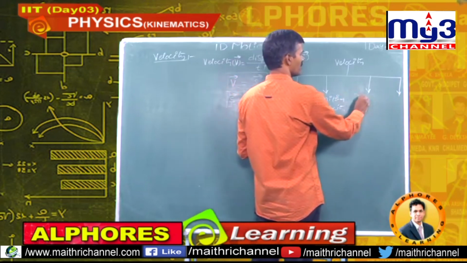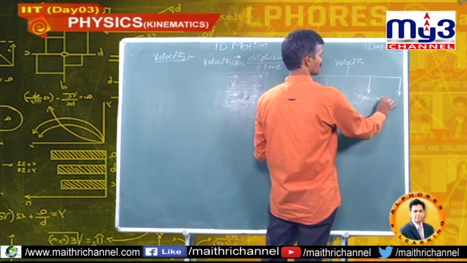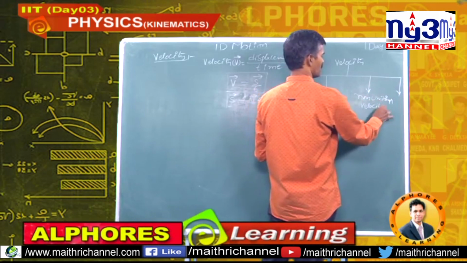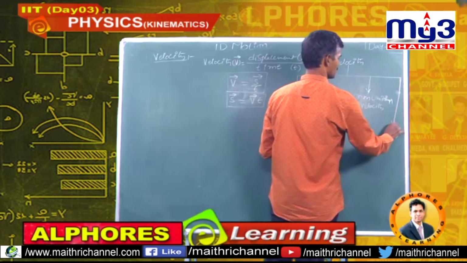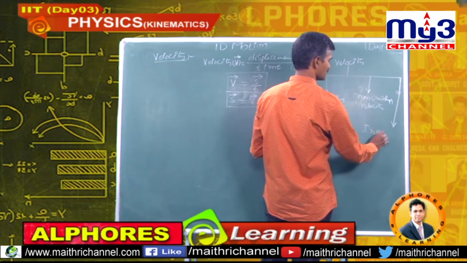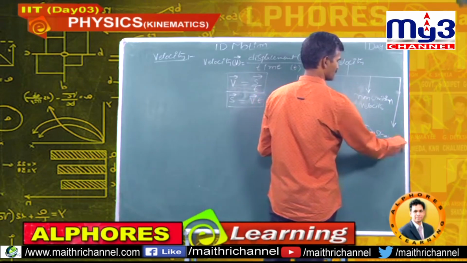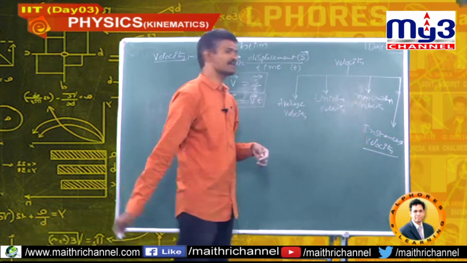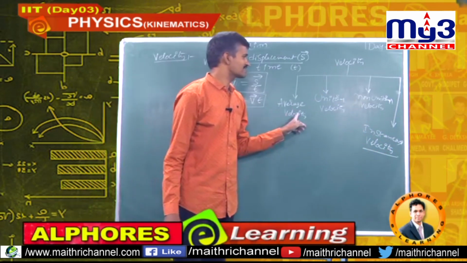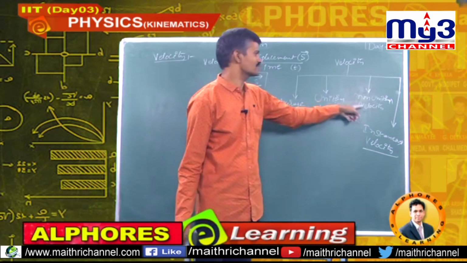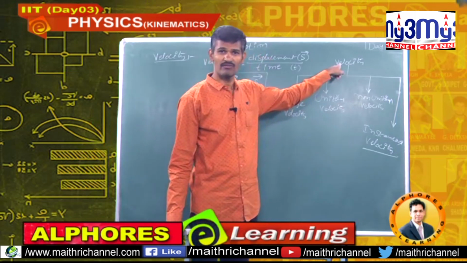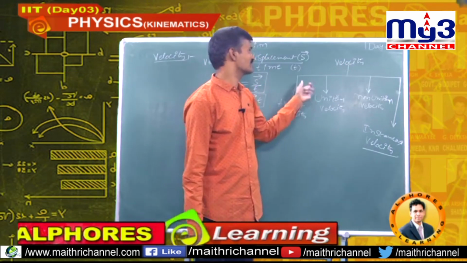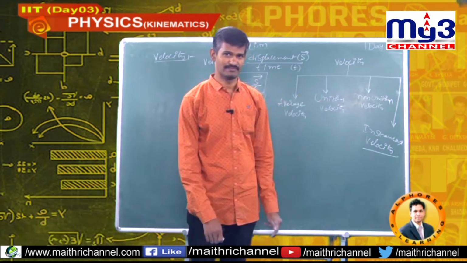Next one is non-uniform velocity. And the last one is instantaneous velocity. If we discuss all these velocities, then we can get knowledge on what velocity is, with what velocity the body is moving. All these are useful to discuss the motion of the body in detail.